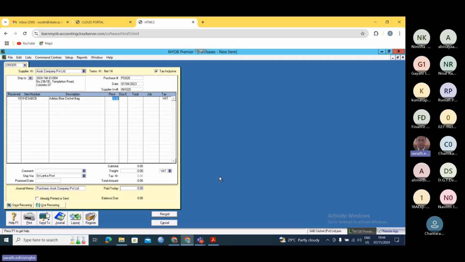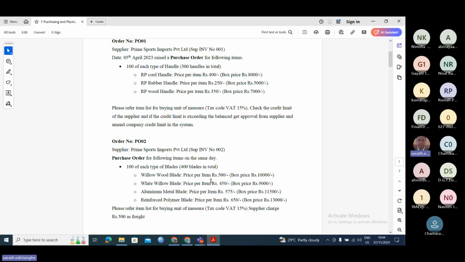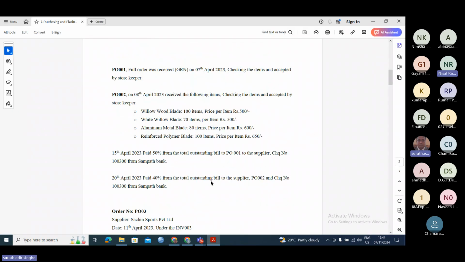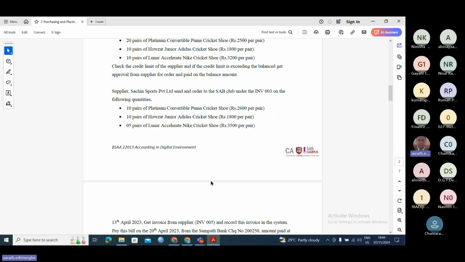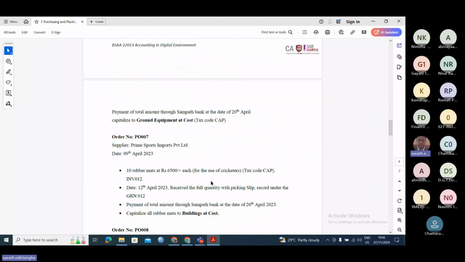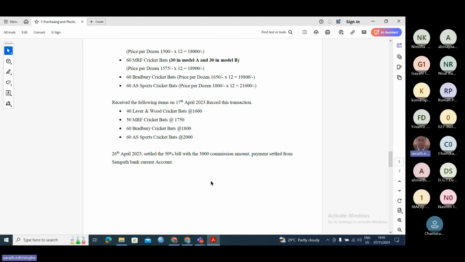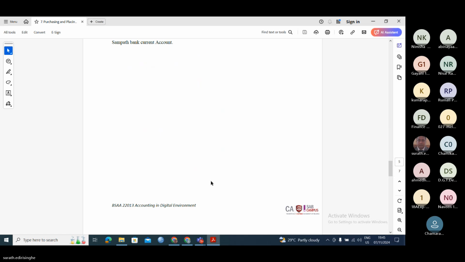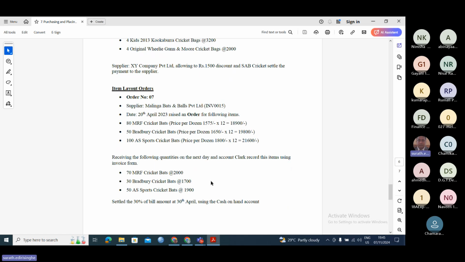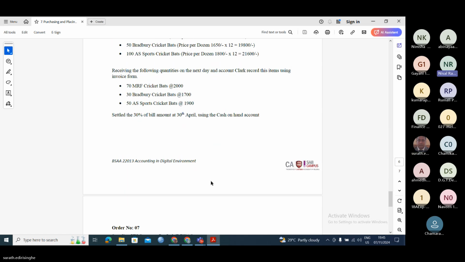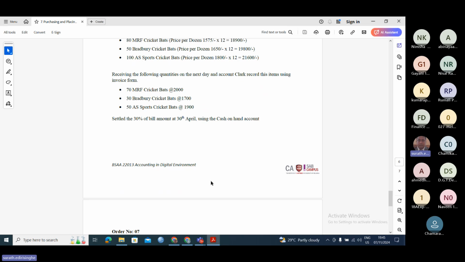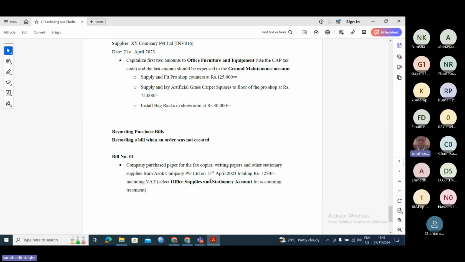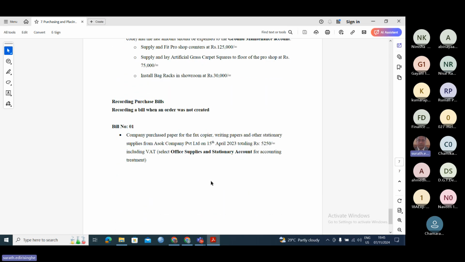Unit price. Look at your tutorial. Normally, the Adidas cricket bag. Better you open your inventory tutorial and tell me the unit price. Adidas cricket bag. Students, please refer to your tutorial.